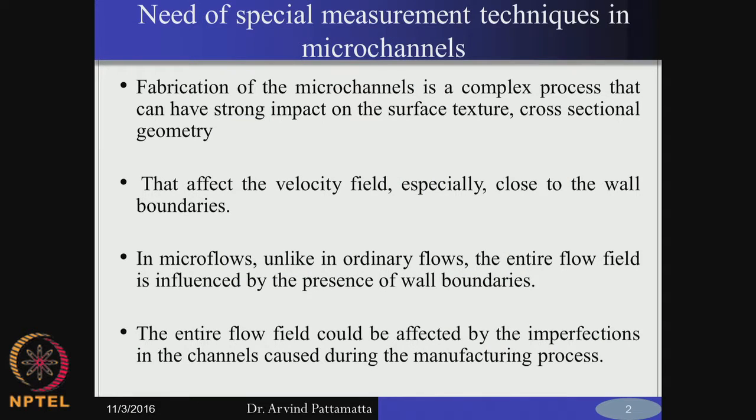When you talk about measurement techniques there are a few issues. One is that fabrication of these micro channels is already a complex process. People working in manufacturing have to deal with these special issues in fabrication of micro and nanoscale materials, and we are not talking about that.